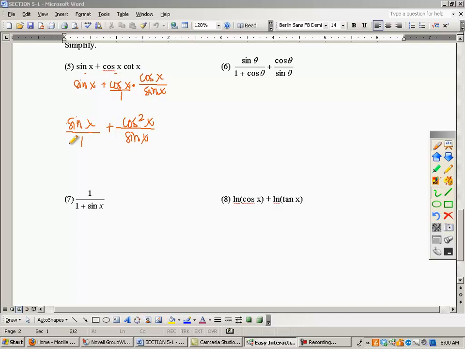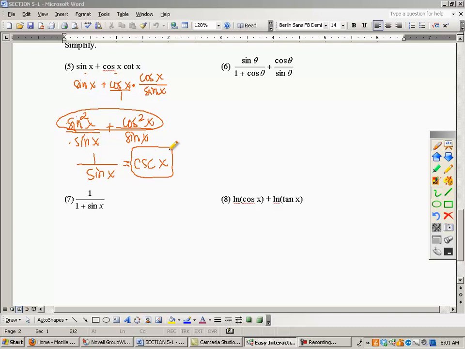If I add one more sine to the top, I get sine squared, and then a sine x on the bottom. If you need one more step in the middle, that's fine too. Now that I have a common denominator, I can add them together. Sine squared plus cosine squared, a light bulb should be going off in your head. That's 1, according to our Pythagorean identity, over the sine of x, but we don't leave our answer as a fraction, and we can say this is the cosecant of x.